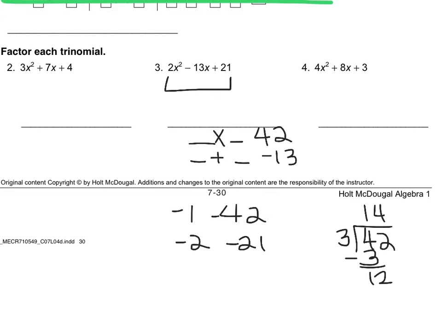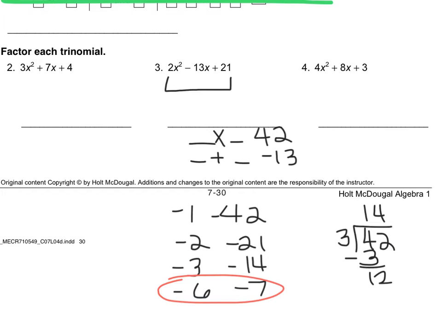And it will go in 14 times. I still haven't found my combination that gives me 13. I'm going to keep checking. 4 will not go into 42 evenly, and neither will 5. However, 6 will. 6 times negative 7 gives me positive 42. And when I add them, I get negative 13.